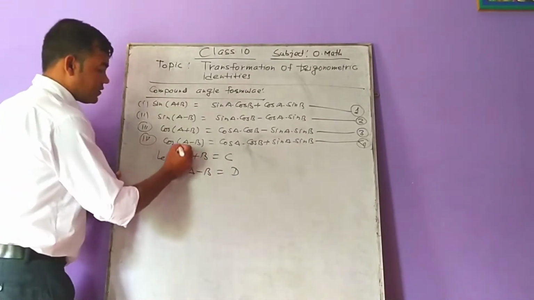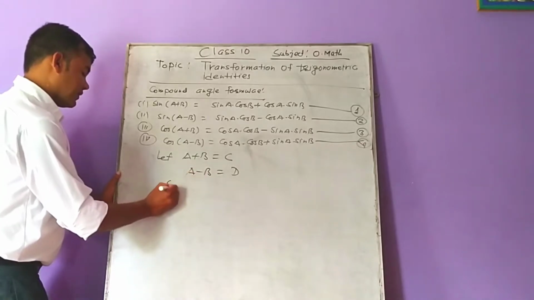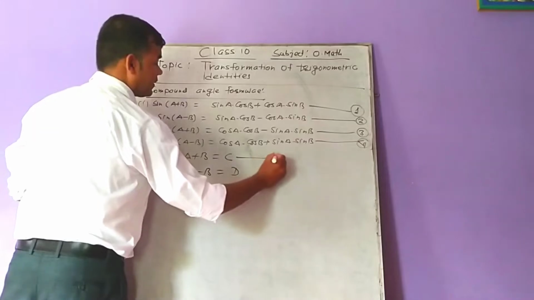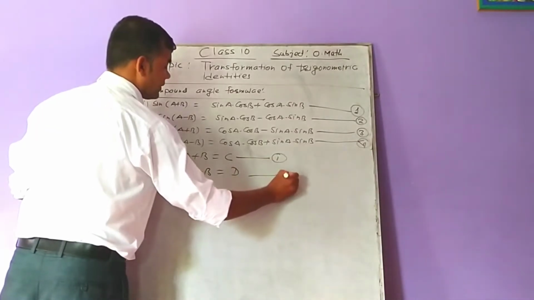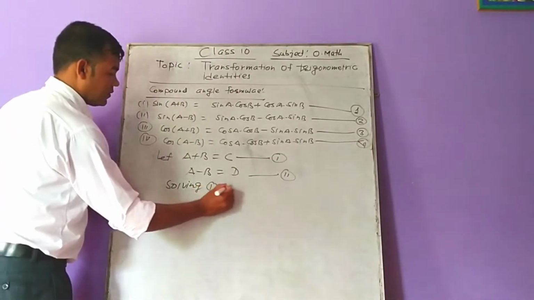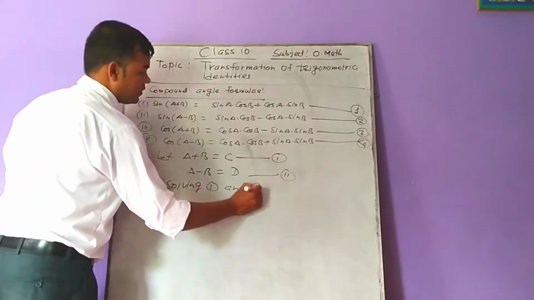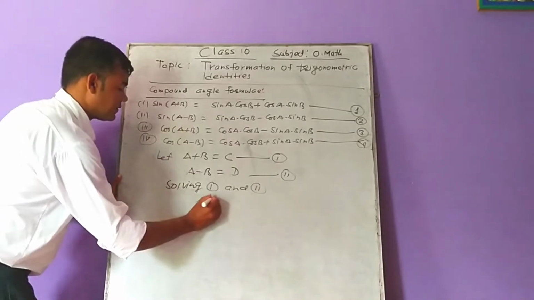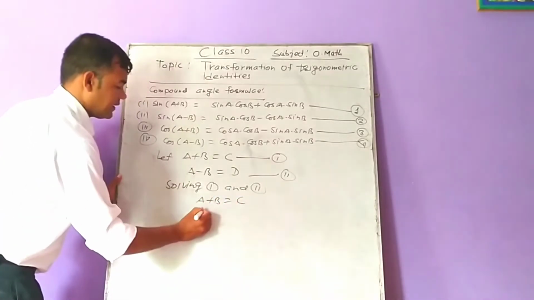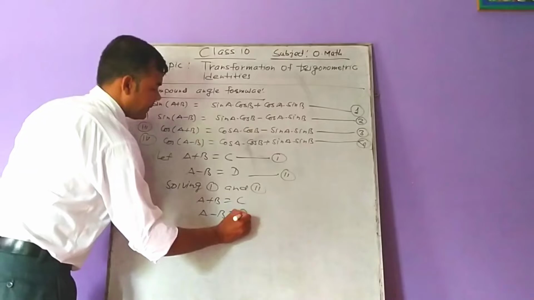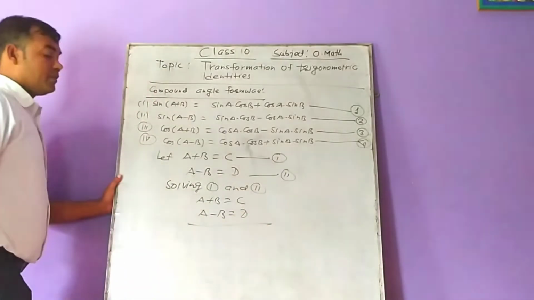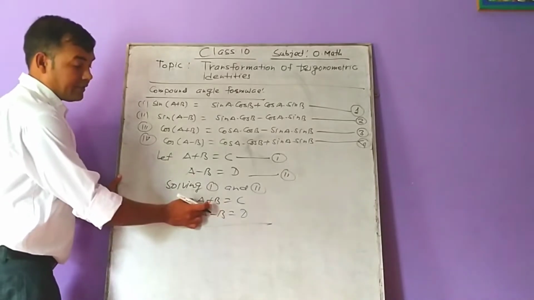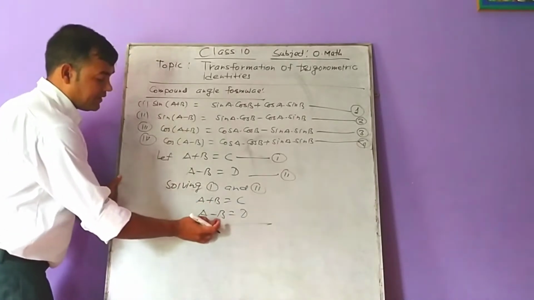If you solve these two equations by the elimination method, you have to add them because B is in plus in one equation and in minus in the other.